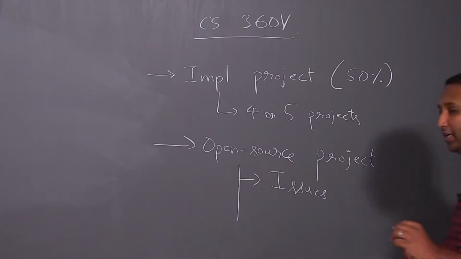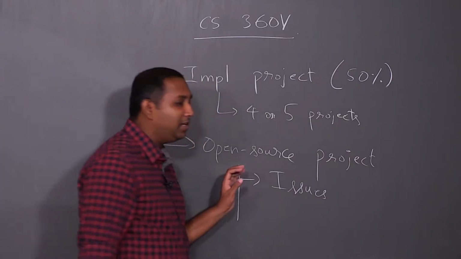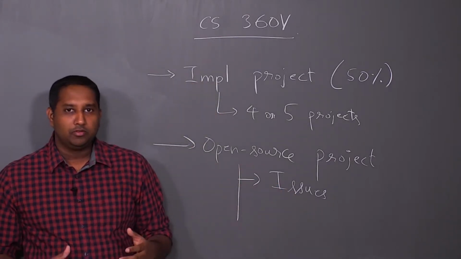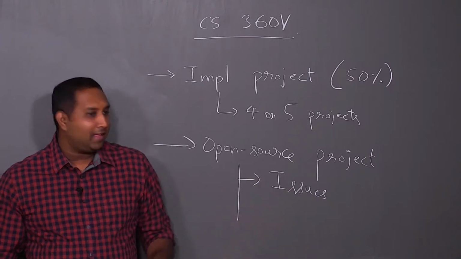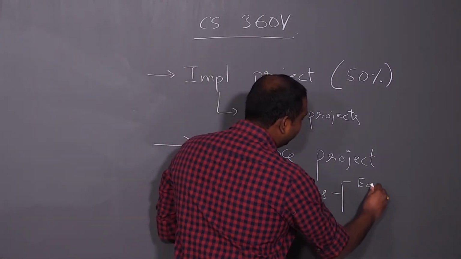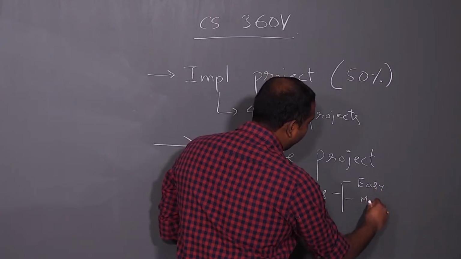Okay, so coming back to this. We have the open source project, and you have to find issues to work on, and we will classify issues as easy, medium, and hard.